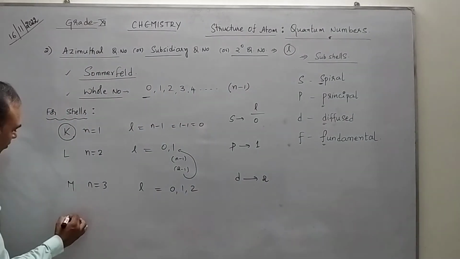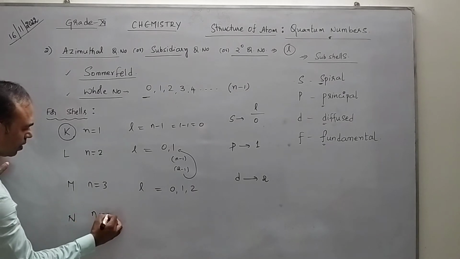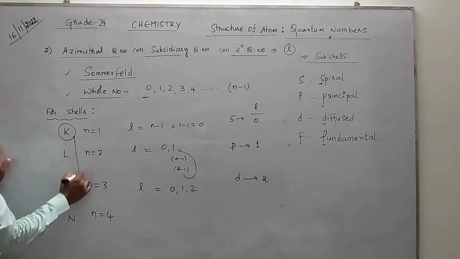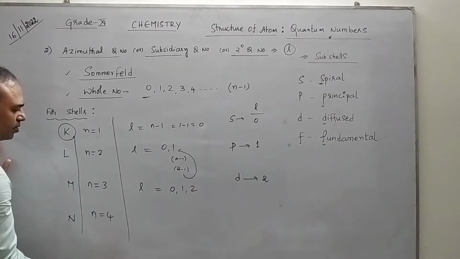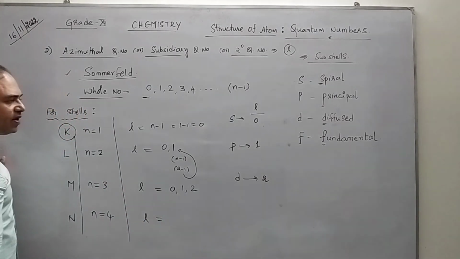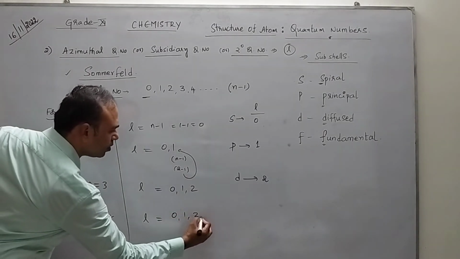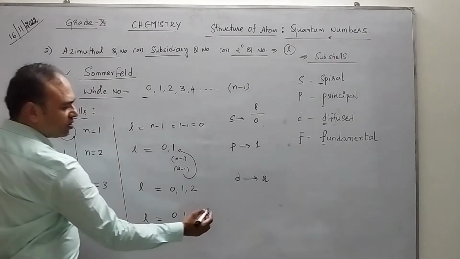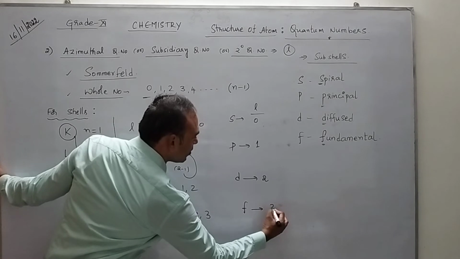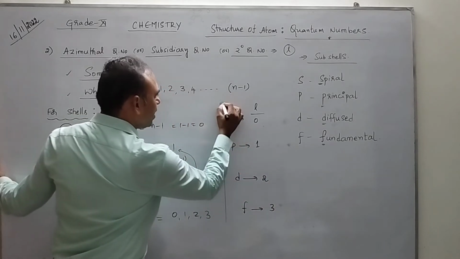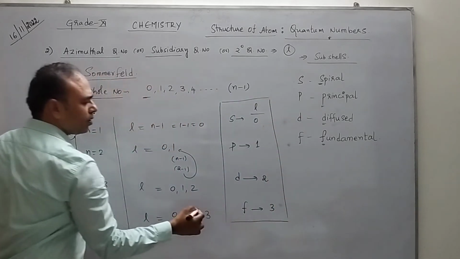Now the last one, if you take N, the value of principal quantum number is 4. Therefore, what are the 4 values of L? You know that it starts from 0. So 0, 1, 2 and 3. Now 3 represents value of L as 3.